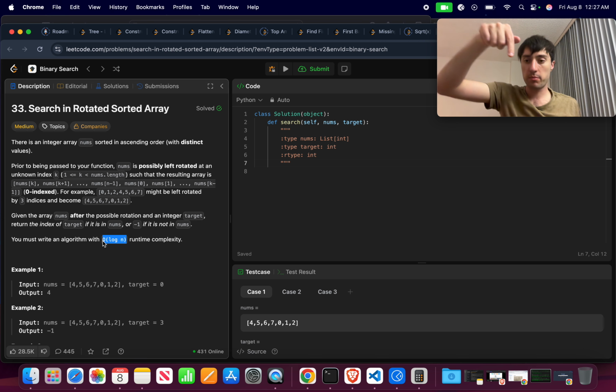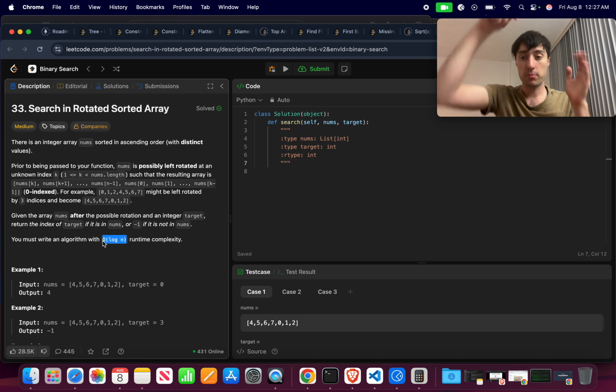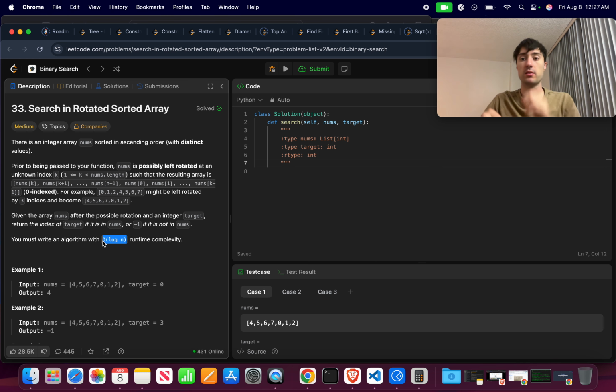So I can determine where the pivot occurs based off of the ending point. I look at my mid, and based off the midpoint and the ending point, or the starting point, I'm able to determine if the pivot occurred between the interval of start to mid or mid to end.